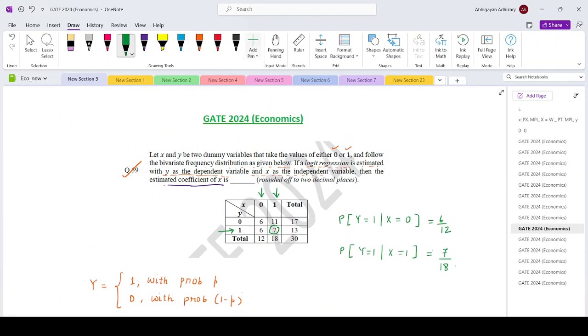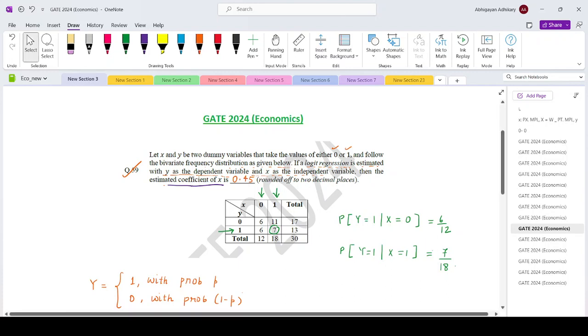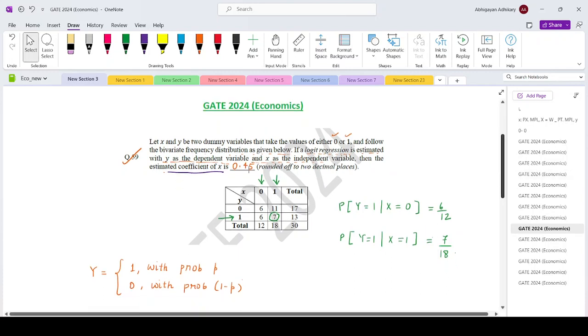Since the question has asked us to round it off to two decimal places, it would be minus 0.45. That's your answer to question number 59. Thank you.